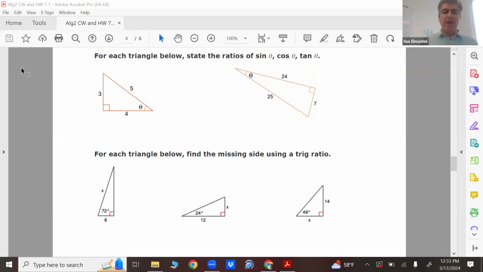But in this case, I'm asking you to find all three. So we're gonna do all three. Both triangles: sine theta, cos theta, tan theta.